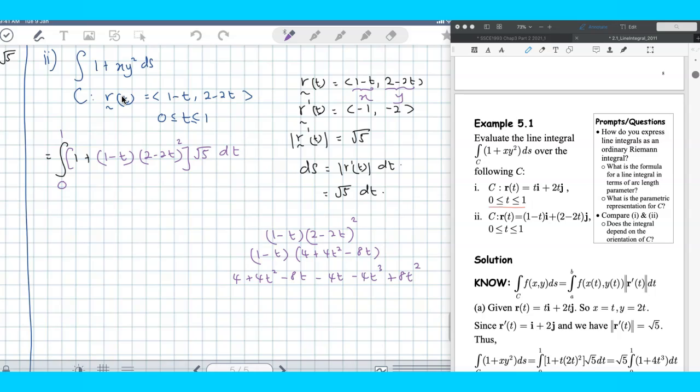So hopefully we can simplify. 4 plus 12t squared minus 12t minus 4t cubed. Okay, so 1 plus, we will get 5, 5 plus 12t squared minus 12t minus 4t cubed. And I can take out the square root 5 dt.